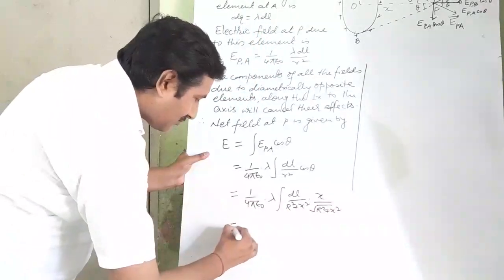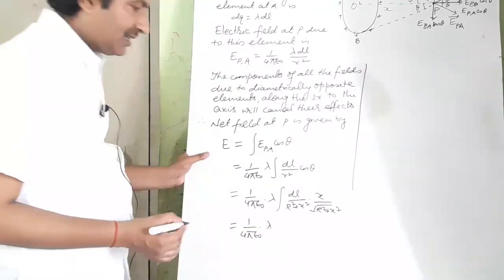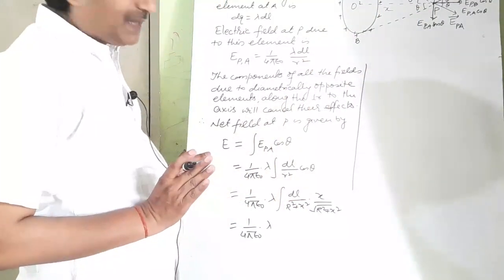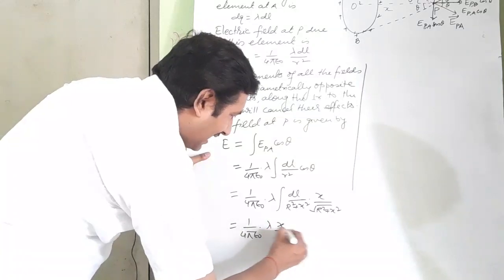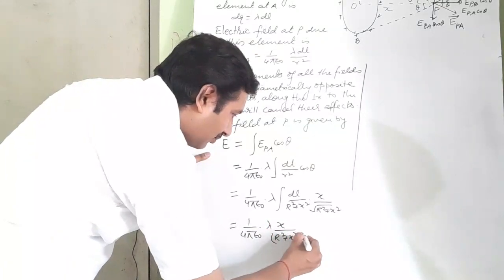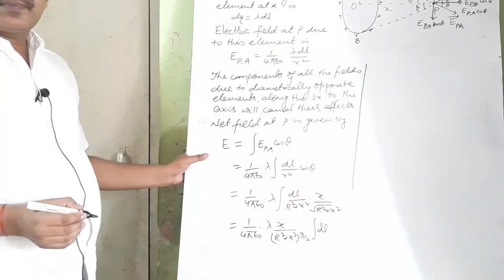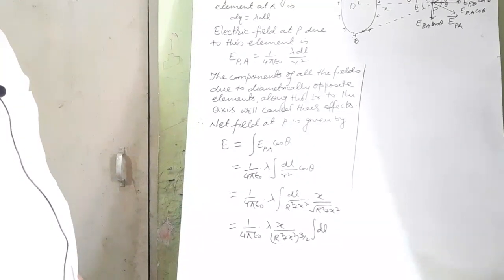You can write it here 1 by 4 pi epsilon naught lambda. You see this x is constant, it cannot be integrated, and R is also constant, so x by R square plus x square power 3 by 2, and integrate for dl.